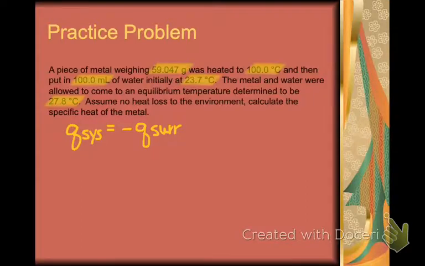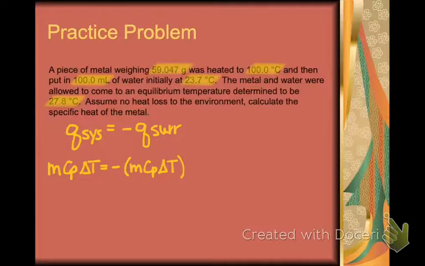So we're going to be setting up two Q equations, one for the metal and one for the surroundings. So what we're going to have here is mass times C sub P of the system. That's what we're solving for, and the delta T. And we're going to set that equal to negative mass times C sub P of the water, because that's our surroundings, and the delta T of the water. So we have two things going on here. So let's fill in the blanks. What do we know on each side of these equations, and then solve for what we don't know?